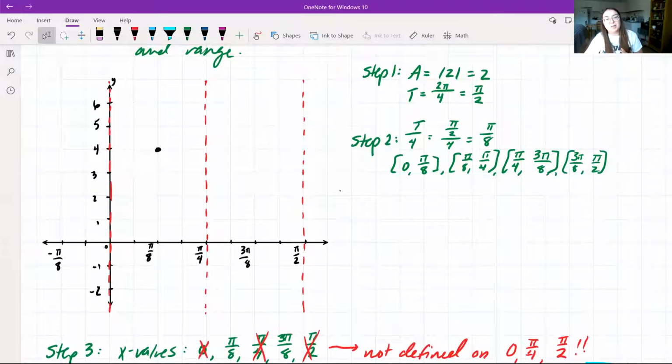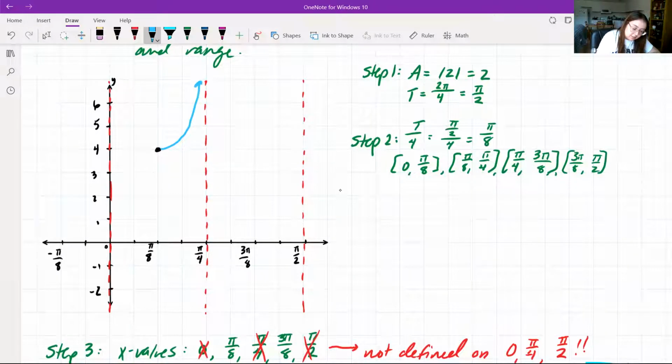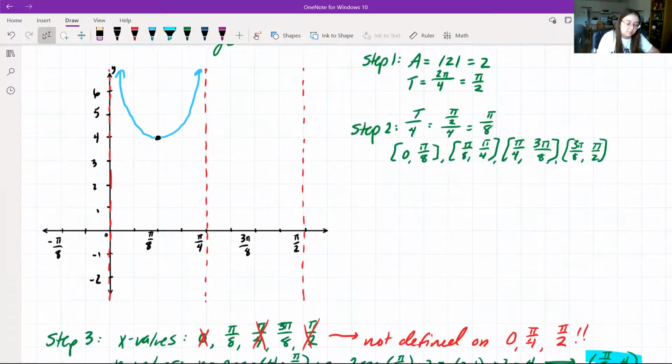So that's also how we could determine that it is an upward facing parabola. But so we have our first point, and we can draw in our parabola. It will look something like this. And this is pi over 8, 4.